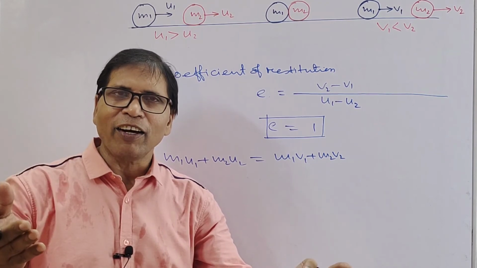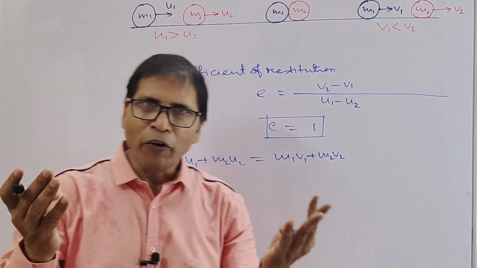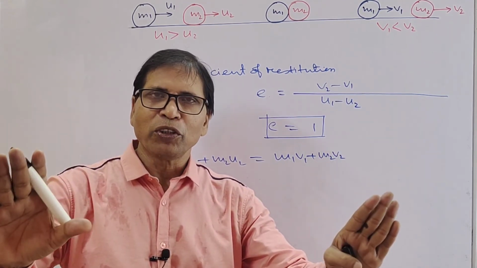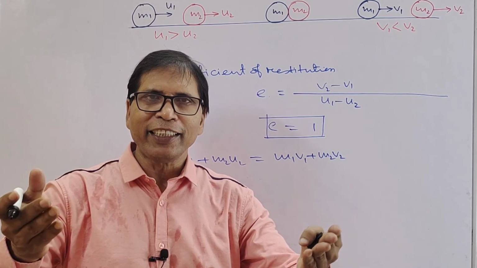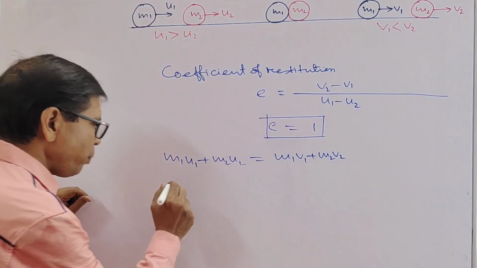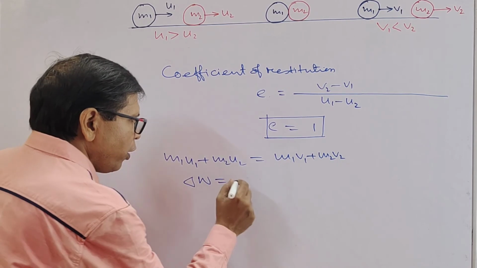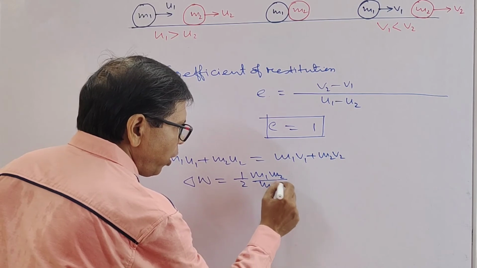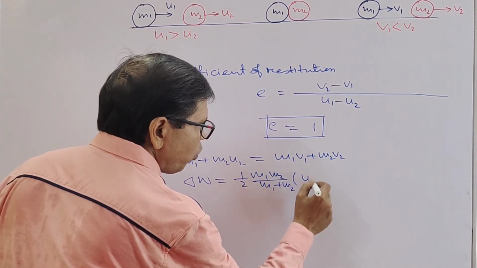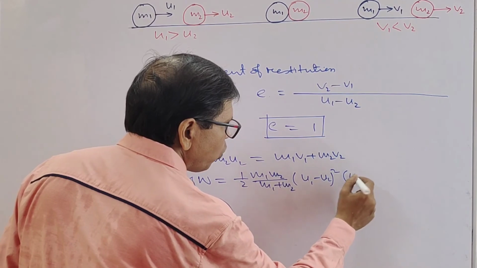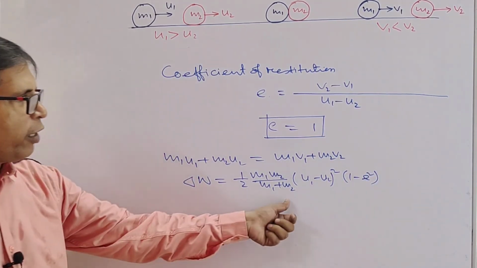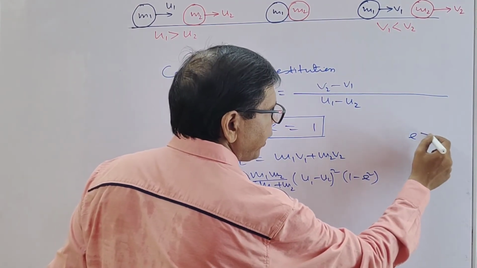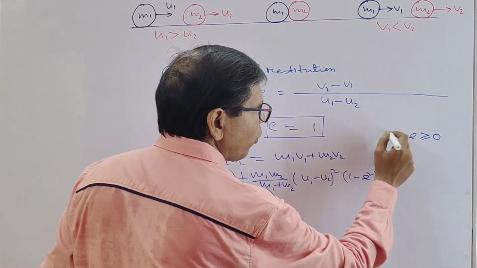In inelastic collision, during collision sound energy, light energy, heat energy, etc. are produced, so some portion of kinetic energy is dissipated. So the dissipation of energy delta W is half m1 m2 divided by m1 plus m2, into u1 minus u2 whole square, into 1 minus e square, where e is the coefficient of restitution. In case of inelastic collision, e is greater than or equal to 0 and less than 1.